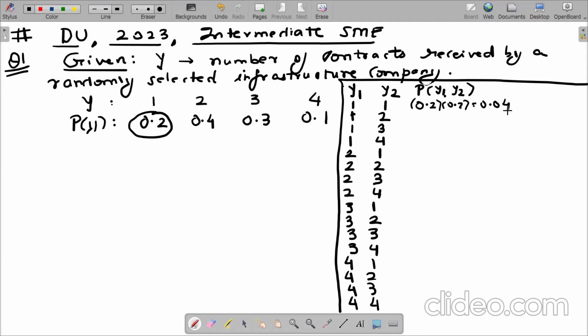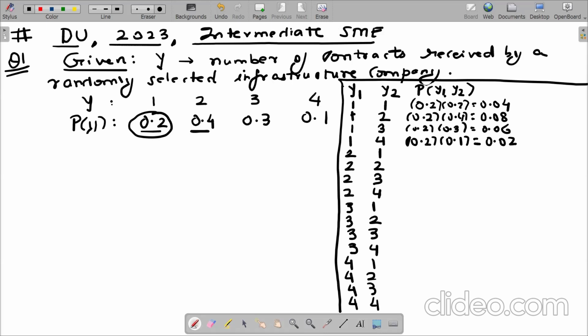Similarly, the probability of Y1 taking the value 1 and Y2 taking the value 2 is 0.2 times 0.4, which is 0.08. 1, 3 means 0.2 times 0.3, which is 0.06. 1, 4 means 0.2 times 0.1, which is 0.02.